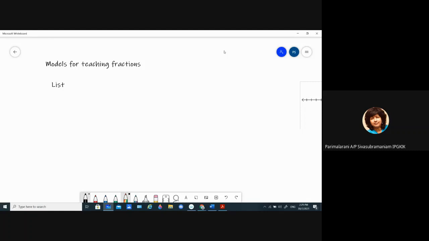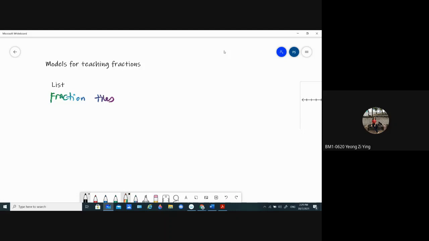Anybody? Fraction tiles. Fraction tiles.